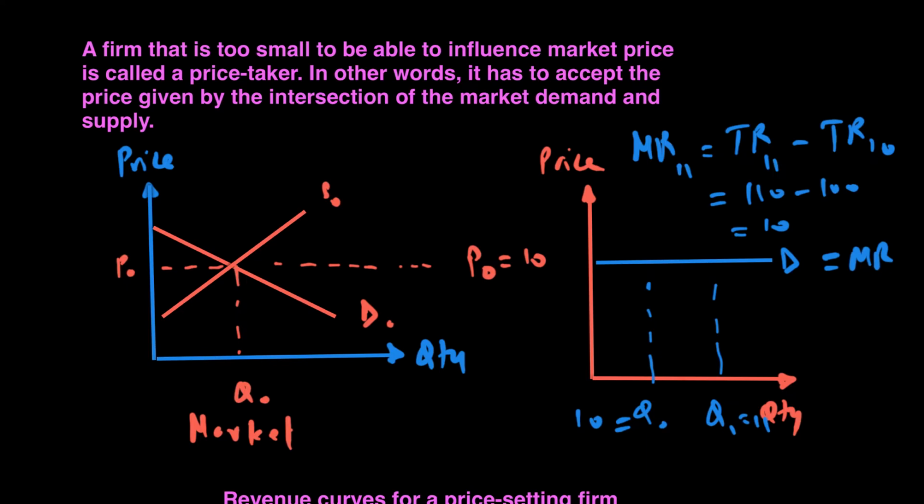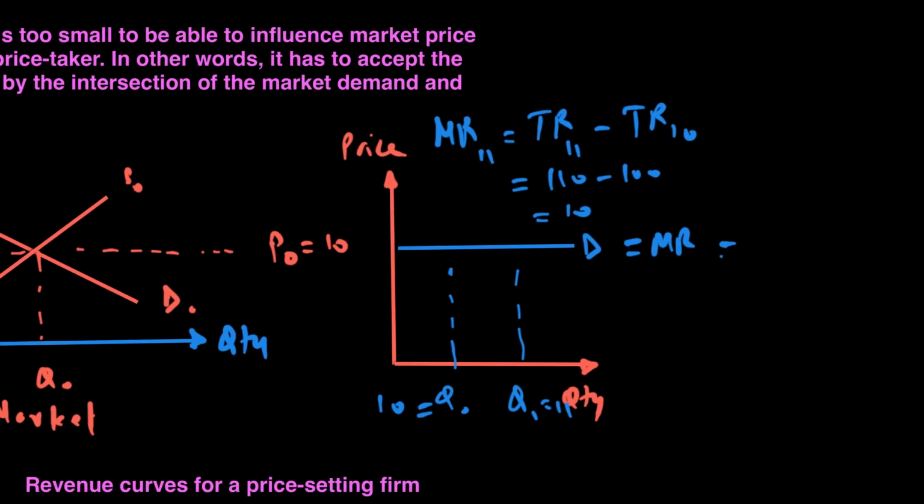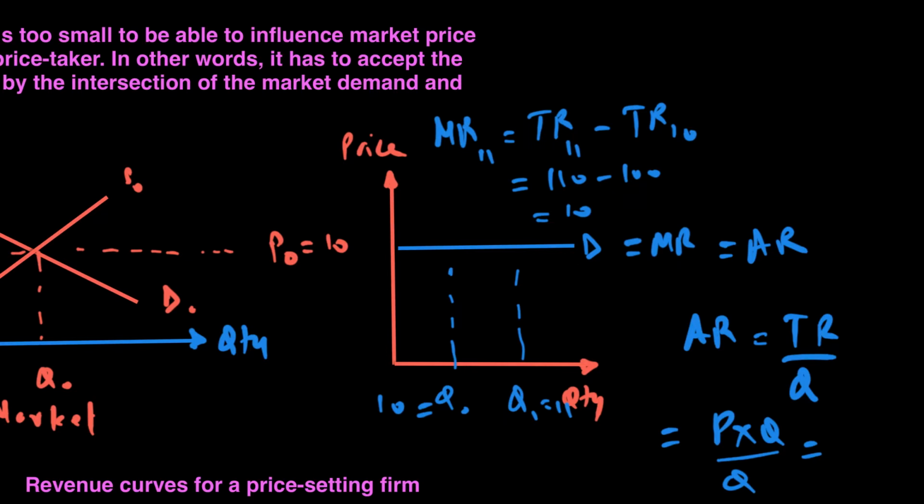Now, what about average revenue? The answer is average revenue is also going to be the price in this case, and the reason for this is simply, remember, AR is simply TR over quantity. So TR, for example, if you want to look at 10 units, is P times Q over Q. So I can cancel Q and Q and I'm left with P only.